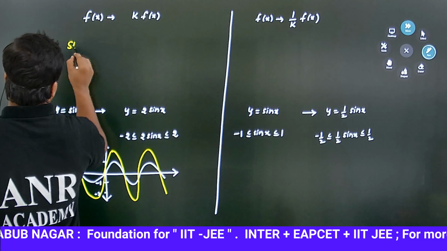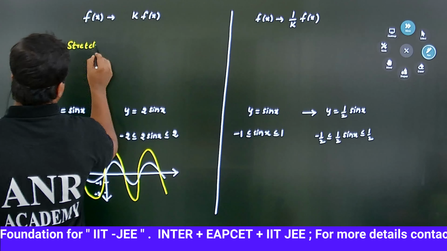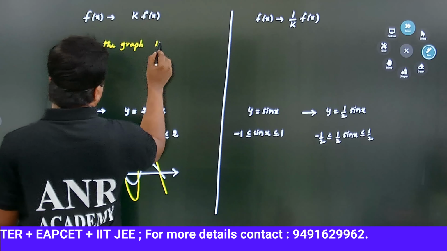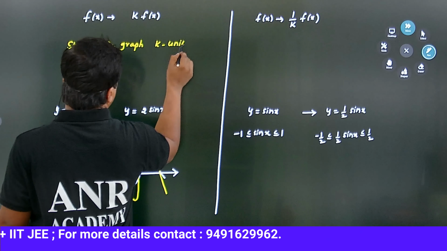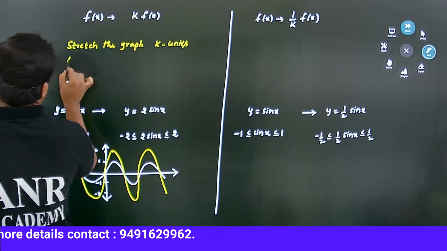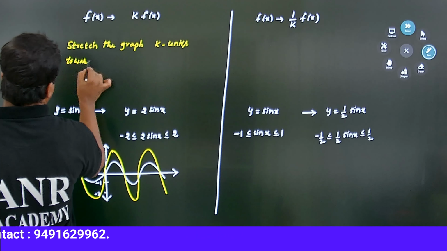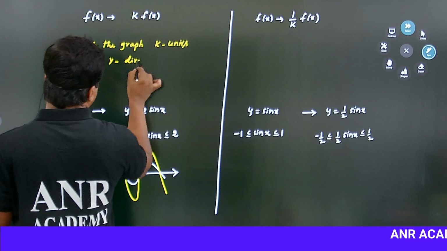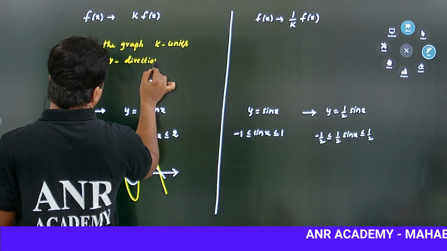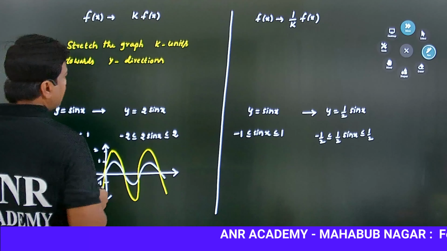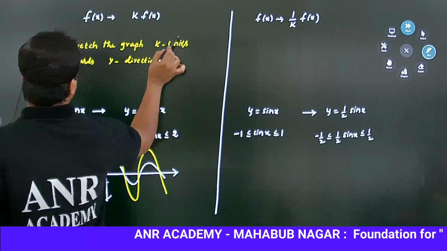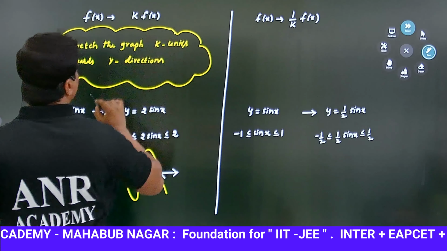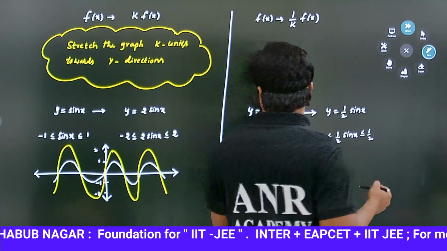Just stretch the graph k units towards y directions. In both the directions you have to stretch the graph. So this is the condition for transformation of f of x to k into f of x.